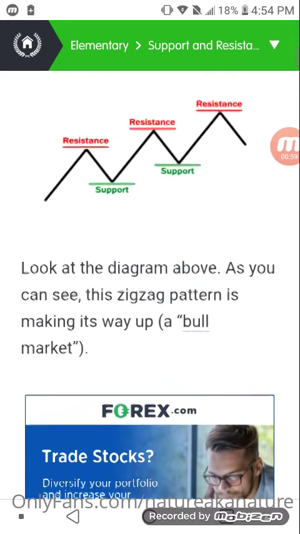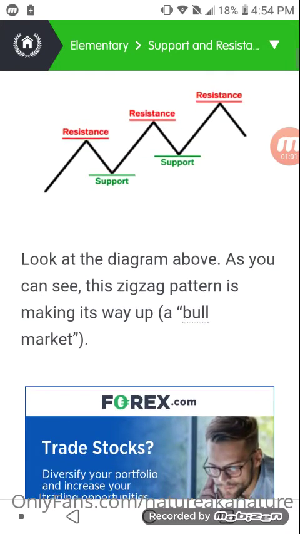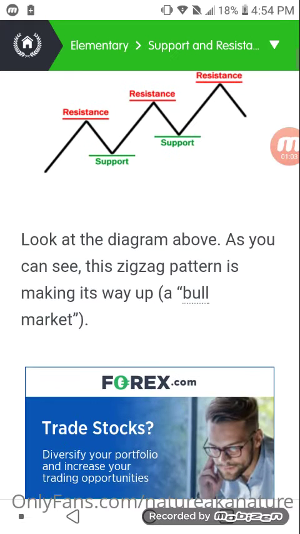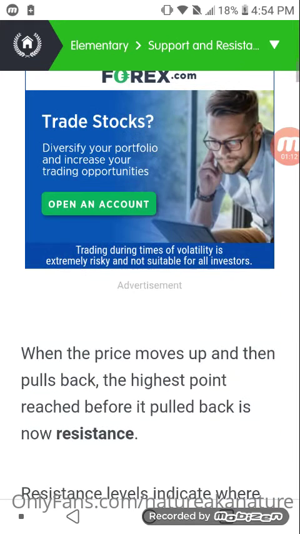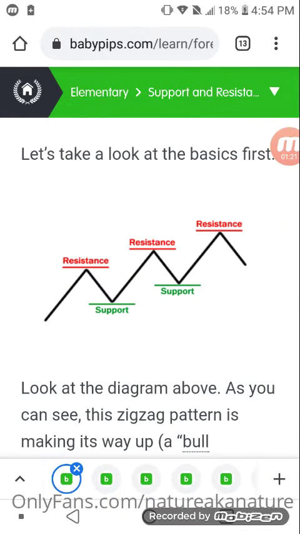As you can tell, the pattern is a zigzag. The market is making zigzag patterns. It doesn't just go straight up, okay? When price moves up and then pulls back, the highest point before price pulls back is now resistance.